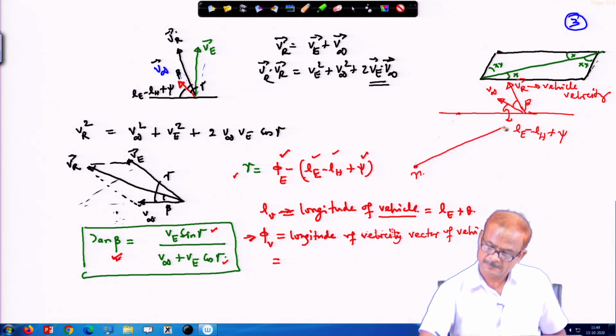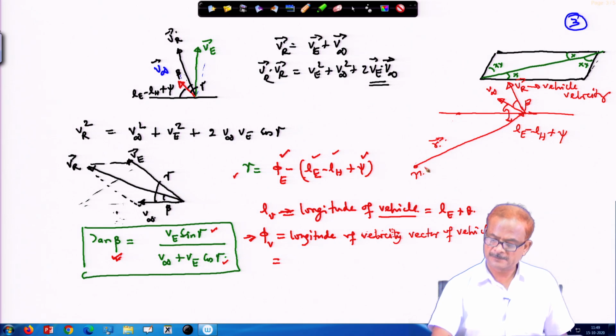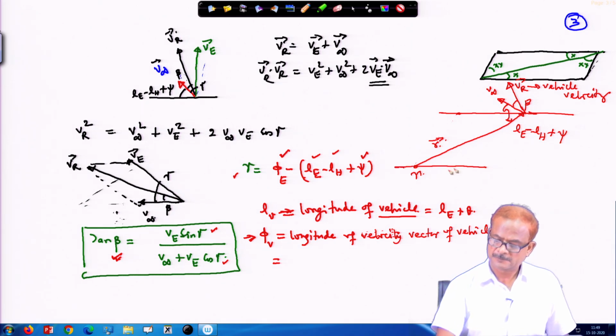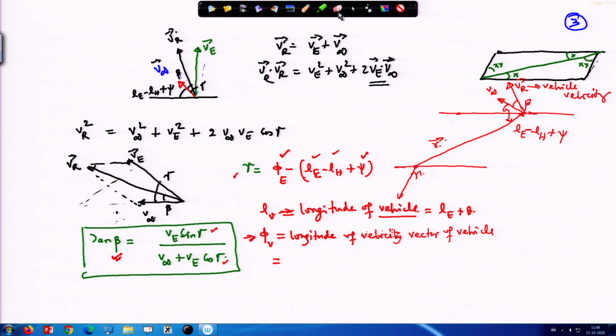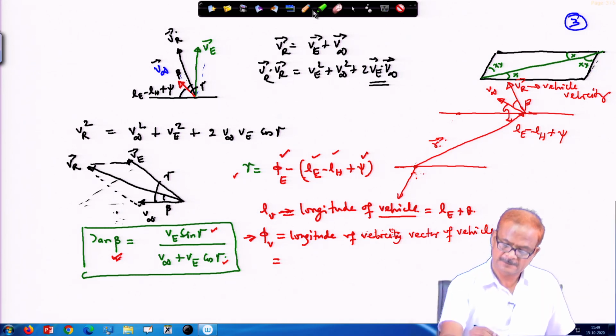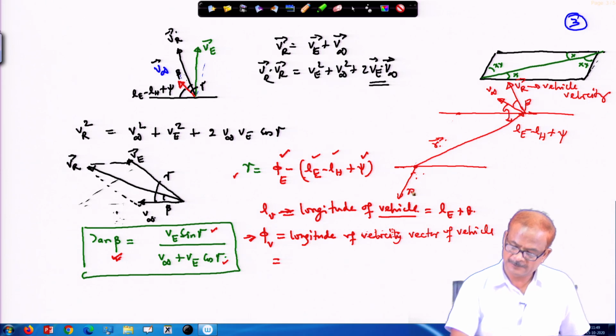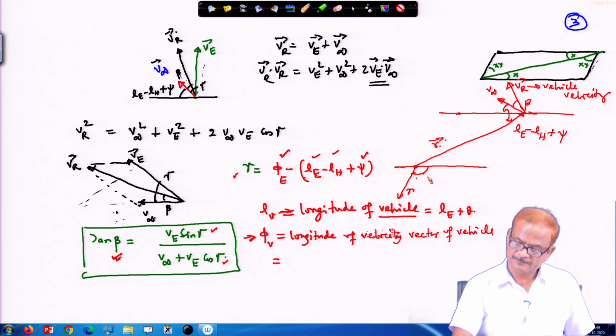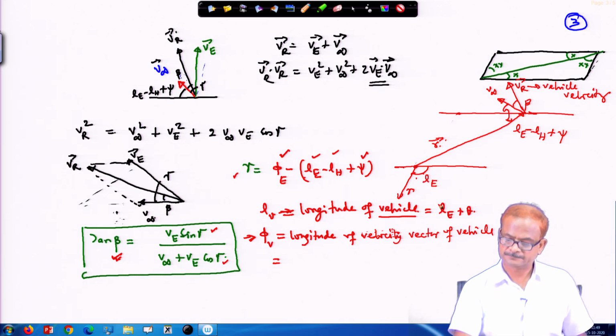from here this is your vehicle, this is your gamma direction, the vernal equinox direction, we show here like this. The figure is a little complicated, but if we do it patiently we can do it. This we have shown as L earth, and this angle we have shown as theta.